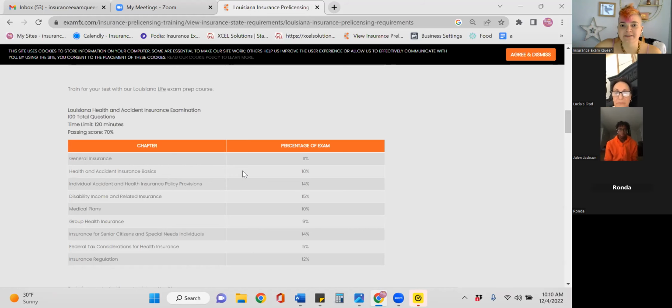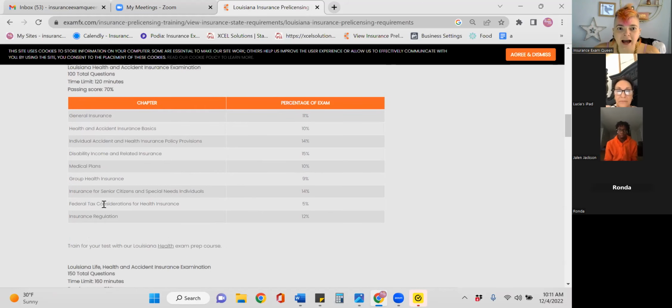For instance, looking at this breakdown, federal taxes for health insurance is only 5% of your exam. But in your course, you're probably taking a bunch of quizzes on it. It's going to be on your practice test, and you feel like you really need to know it, but you don't, because it's only 5% of your exam. It's not a huge thing, right? So this lets us know which topics are most important, which ones to hyper focus on.